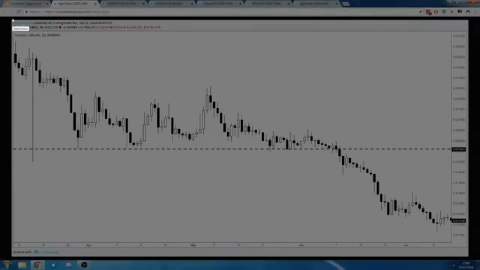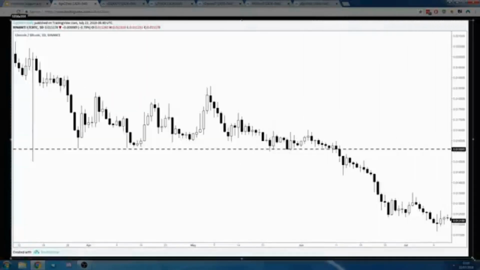Let's take a look at Litecoin Daily here, a good example of this. So what we have is support here, support, and then it really gets quite crowded. You have support again, support, support, until it eventually breaks through on this candle.